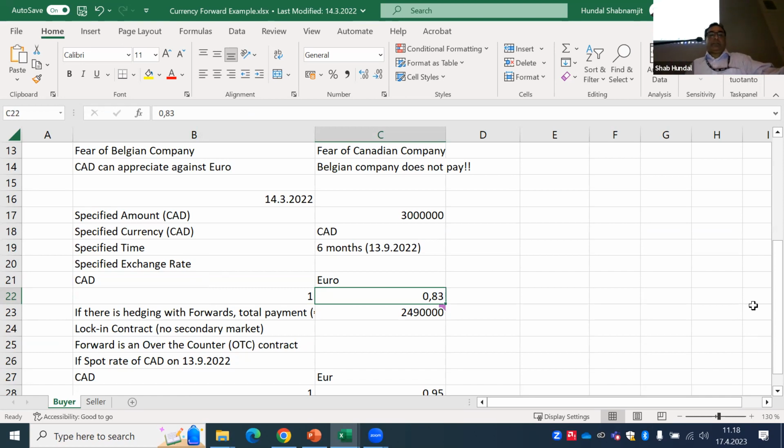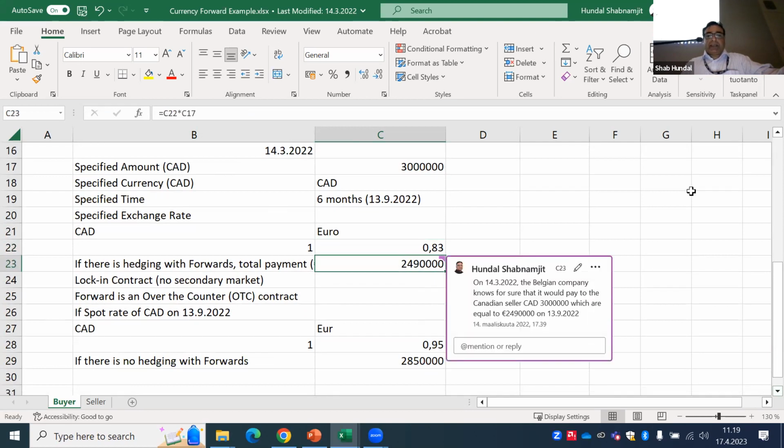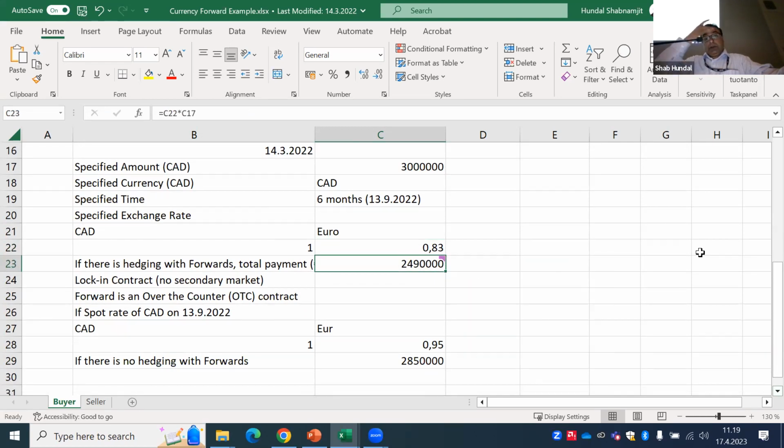Now on 14th of March, you know that you will be making a payment. You will give the bank 2.49 million euros, not now, when? In the month of September. And then the bank would supply you with 3 million Canadian dollars, and the payment would be made.